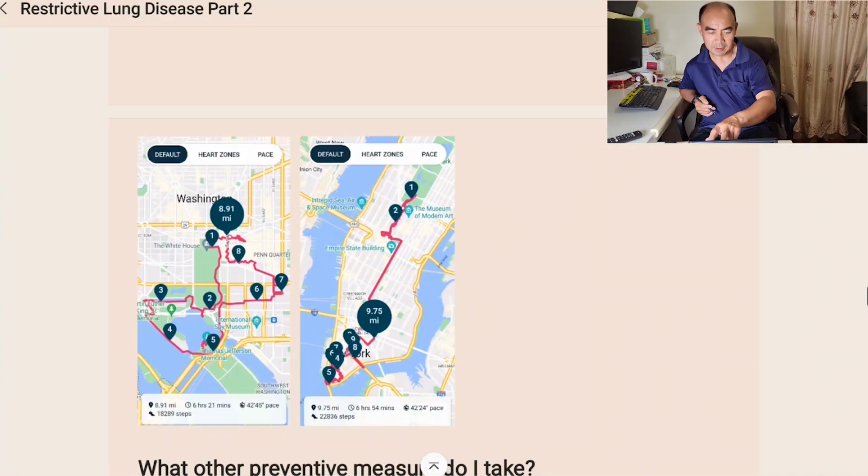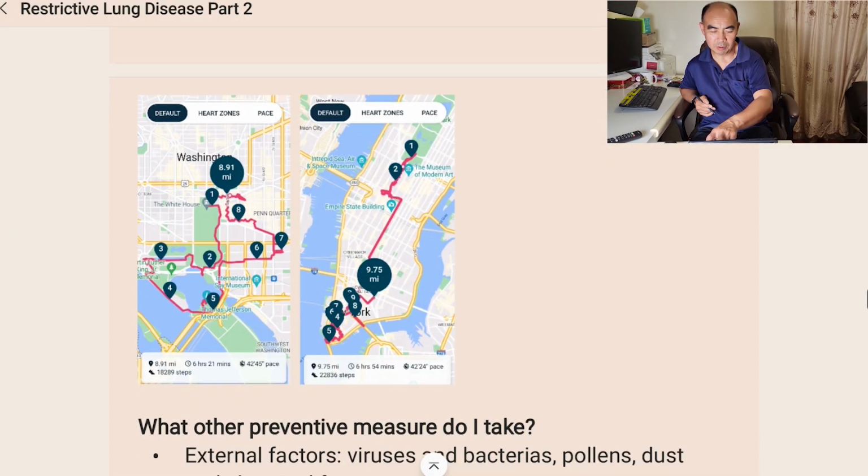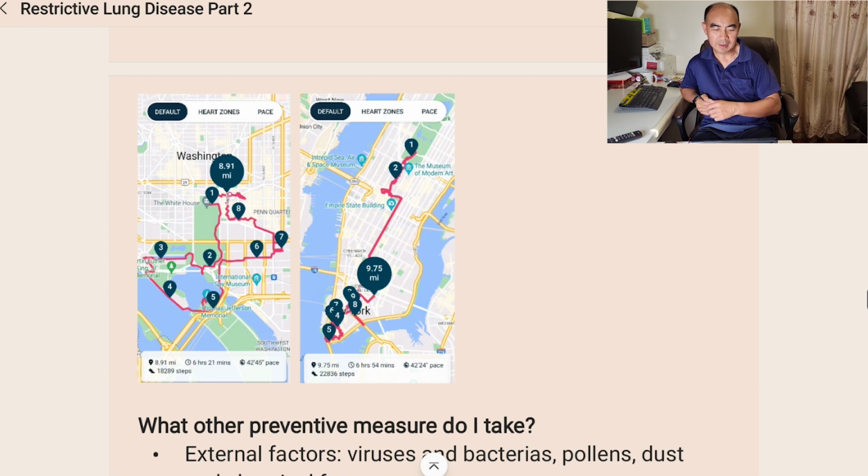And here are a couple of little captures from my recent trip to Washington and New York. In Washington, we did on a regular basis like a 10-mile day, probably even more than that because I was probably not logging everything in.